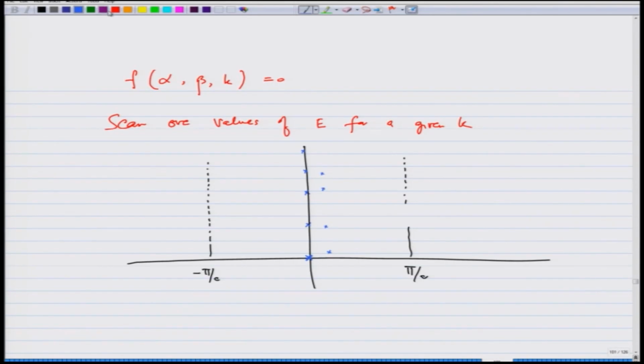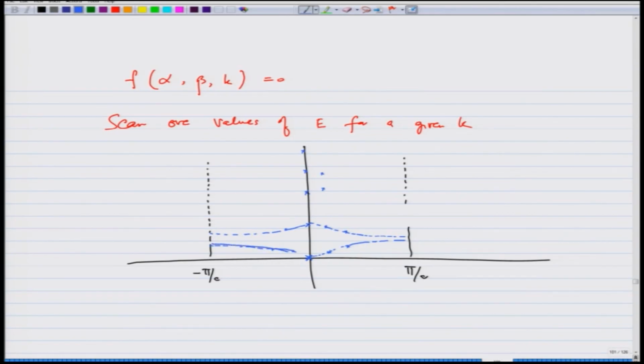Do it for the next k, I will get another value here, another value here. I will just do it for 2 bands. I can do symmetrically for the other side, and finally, when I join these points, I am going to get a curve like this, which is nothing but the energy band.